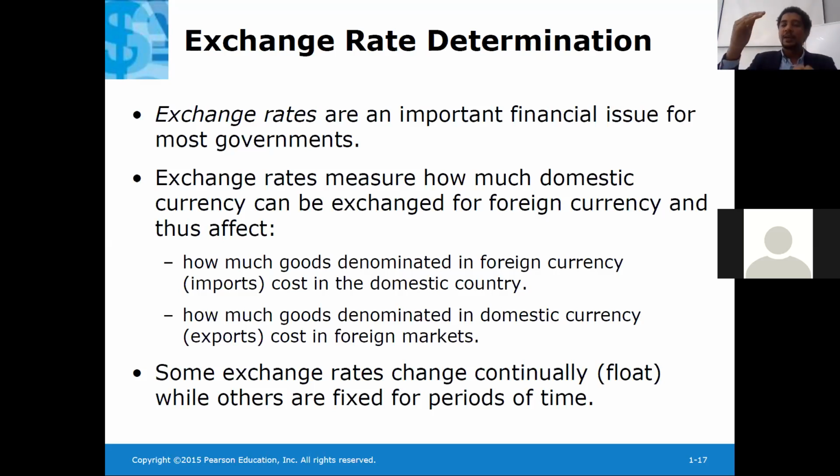So a decreasing or increasing exchange rate value will determine the import and export of a given country, right? So we will also discuss this in detail, okay?